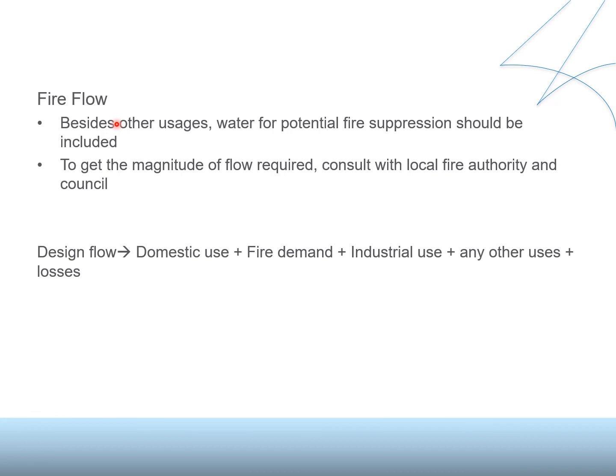So the design flow is the summation of domestic use plus fire demand plus industrial use plus any other uses that are not discussed here and are typical to the particular area, plus the losses. There will always be some losses, and that also has to be included in the design flow. And the magnitude of fire demand has to be decided by discussing with the local council and local fire authorities.